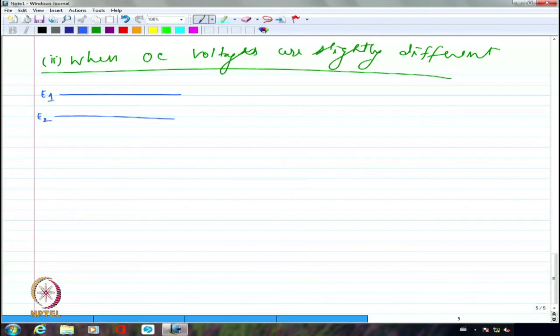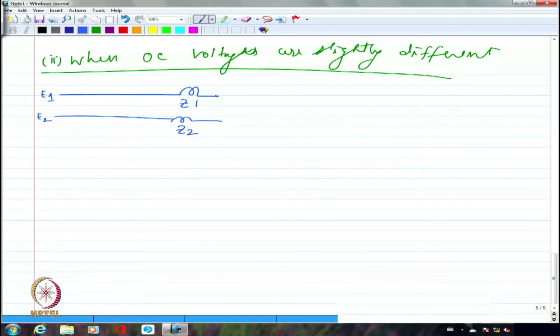The secondary side open circuit voltage for one of the transformers is E1. The secondary side open circuit voltage for the second transformer is E2. They are slightly different. Maybe like what I told you, instead of having 110 each, maybe one is having 109, the other one is having 110. Right? Again, I am going to show the impedances here. This is Z1 and this is Z2.